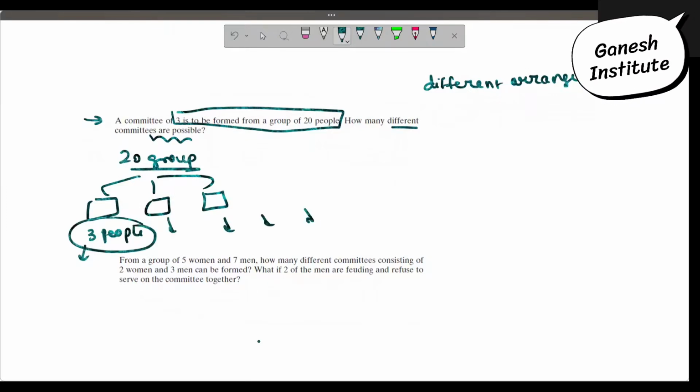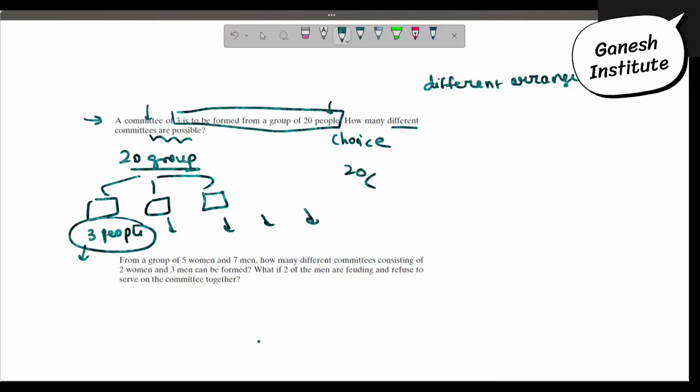How many people will the set have? So it is like you are choosing those people, and this is the game of choice. In a committee, there is no arrangement or order; they are not saying how many different committees and their arrangements are possible. So this is the game of choice. What will you do?